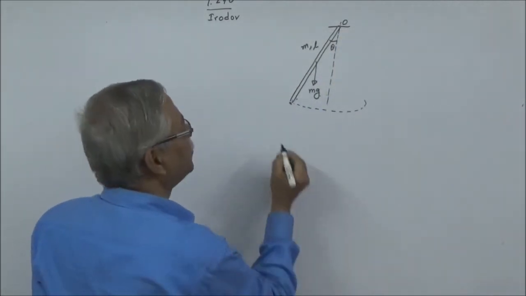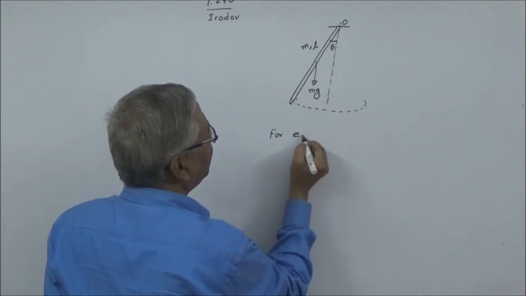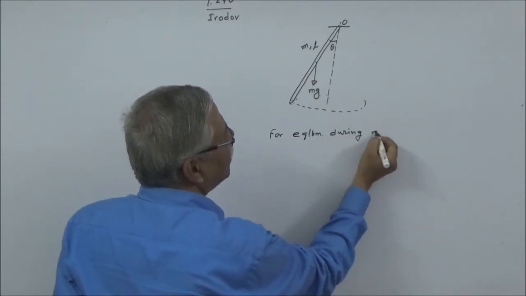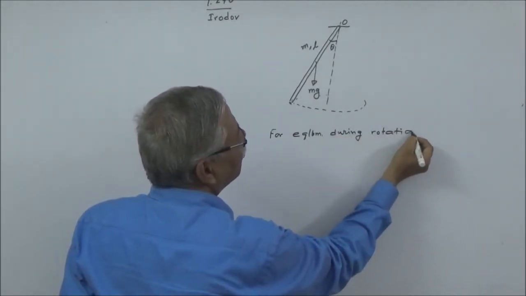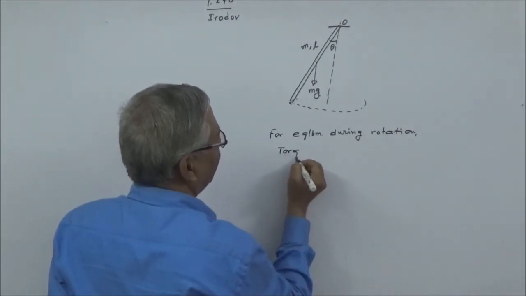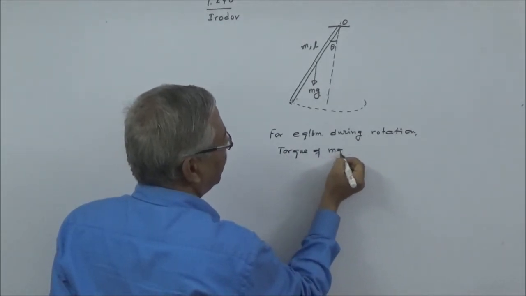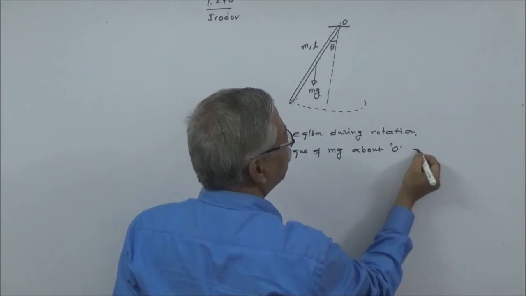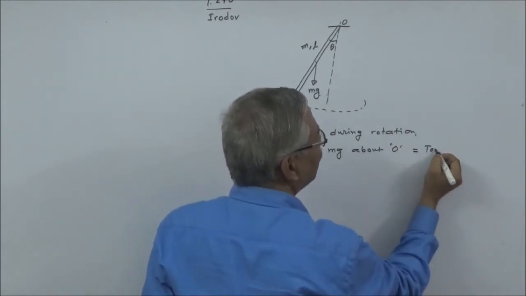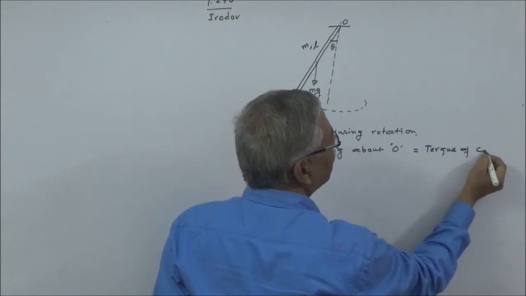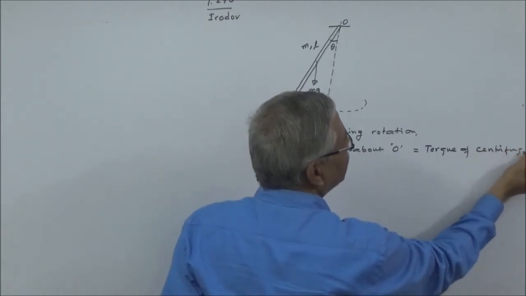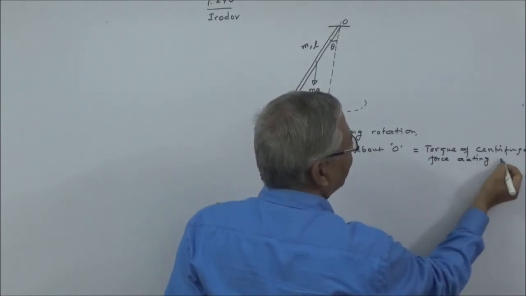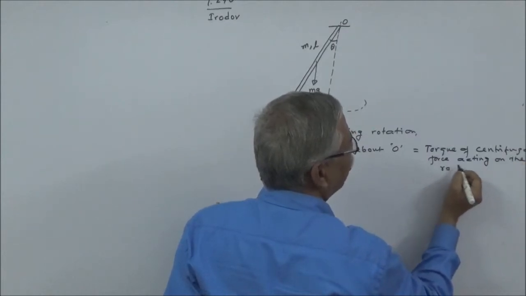Suppose this point is O. So for equilibrium during rotation, the torque of mg about the point of suspension O is equal to the torque of the centrifugal force acting on the rod.